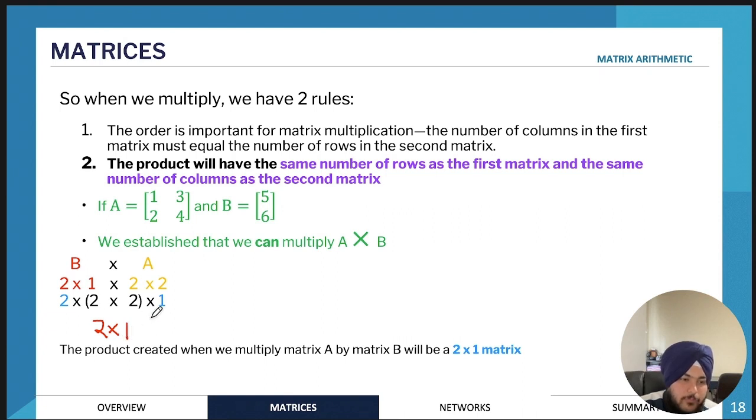1. Multiplication is a little bit different to addition or subtraction. You're not just going to multiply the numbers in the same position. You need to use these two rules before you do the matrix multiplication.